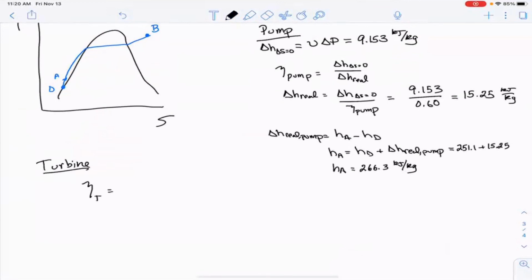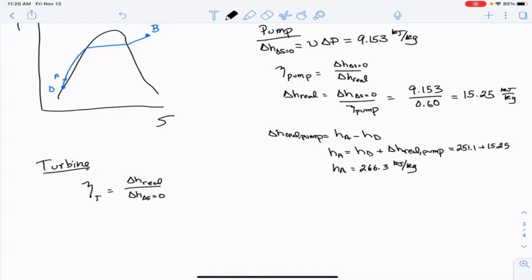So for the turbine, the efficiency of the turbine was equal to what? Which direction was it? It would be real over isentropic. Is that what you're asking for? Yeah, exactly. Thank you. Delta H when delta S is equal to 0.